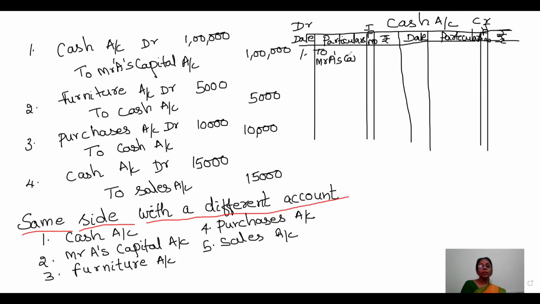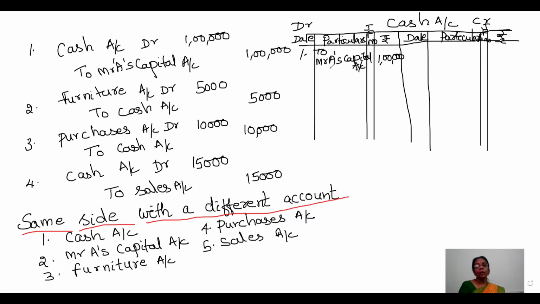Instead, you are expected to write To Mr. A's capital account. What does this signify? It says same side with a different account. While posting, you write the name of the other account. You have debit and credit aspects. So the cash account is debited. Don't write cash account under cash account. You write the other part of the account.